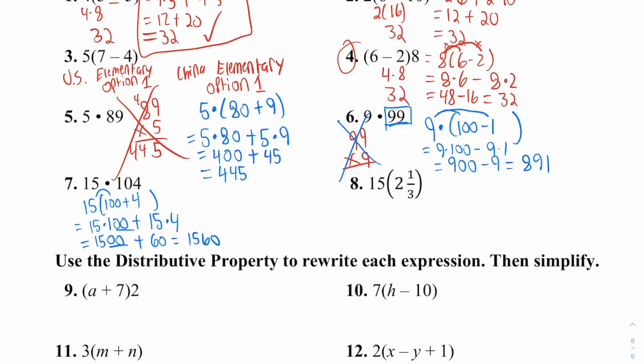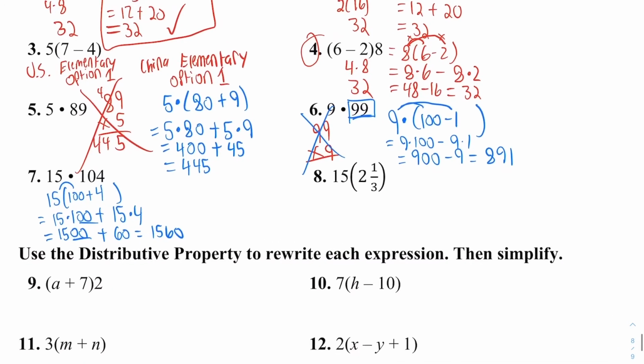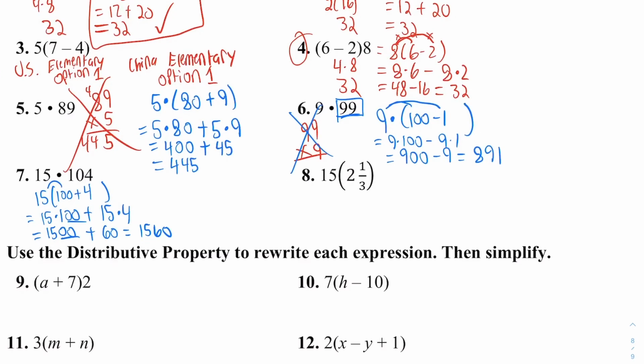Number 8. 15 times 2 1/3. This one is easier to do than you would think. 15 times 2 1/3 means 15 times 2, and we're going to have an extra 1/3. So when I distribute that, I only drew one arrow here.